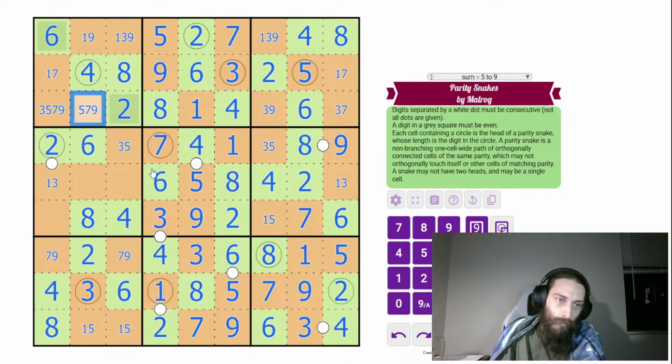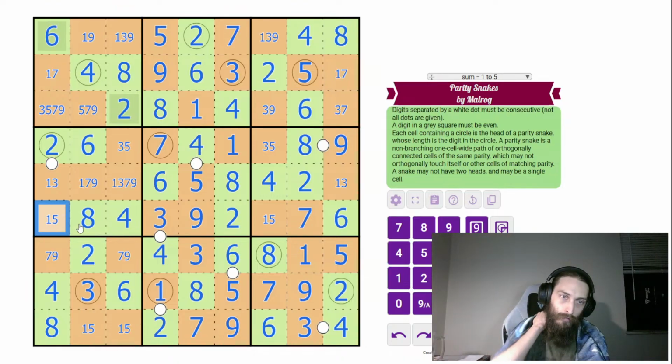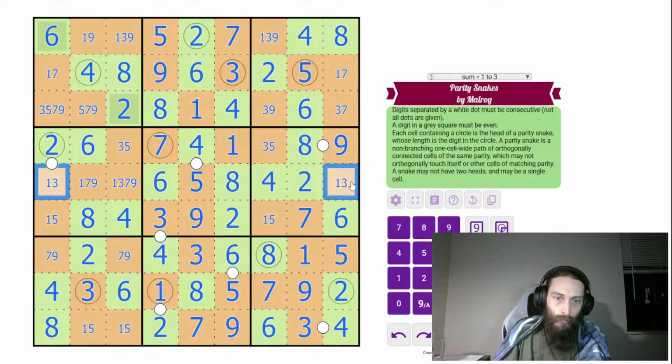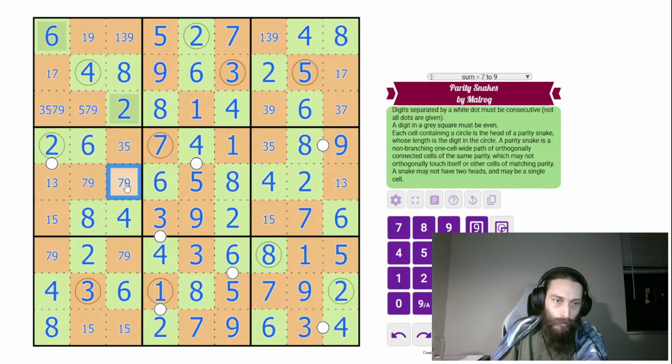Oops. 1 from both of them, 3 only from that one. 5, regular 5, 7, 9. 1, 3 pair takes out 1 and 3. 7, 9 doesn't. Oh, 7, 9 here takes 9 out of that.